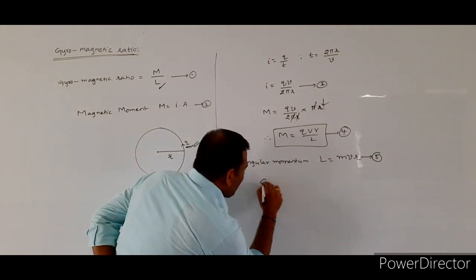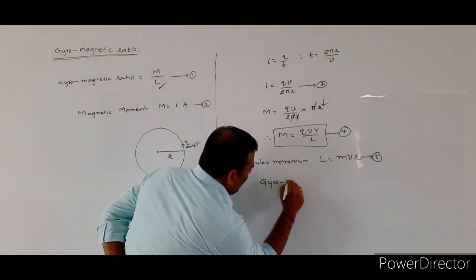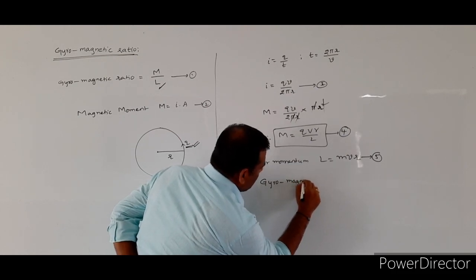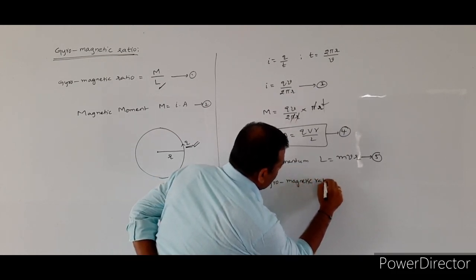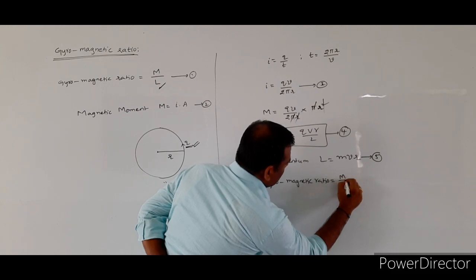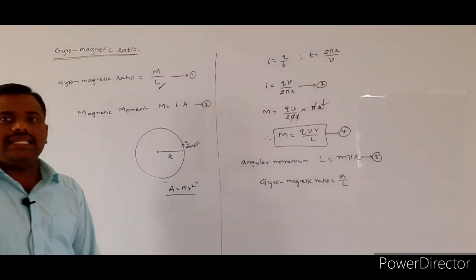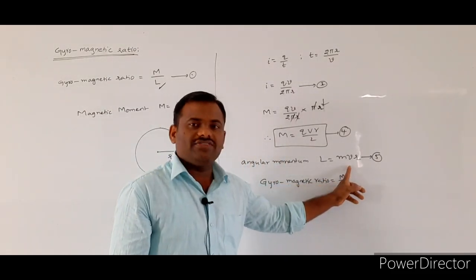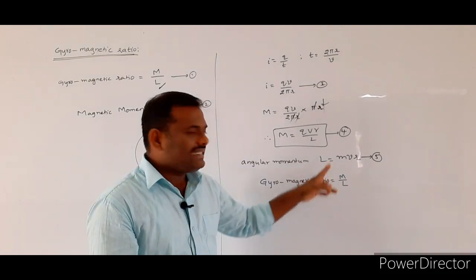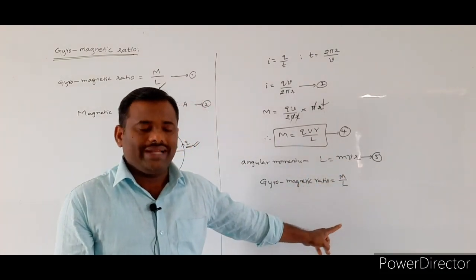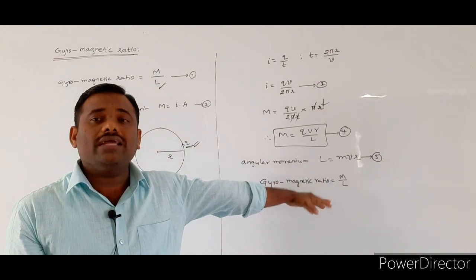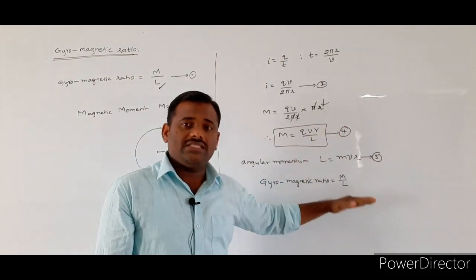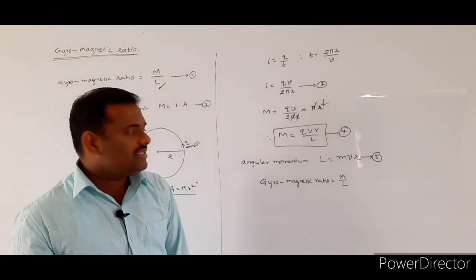Now gyromagnetic ratio. So gyromagnetic ratio, what is the definition? Gyromagnetic ratio is nothing but the ratio of magnetic momentum to the angular momentum of the given charged particle.